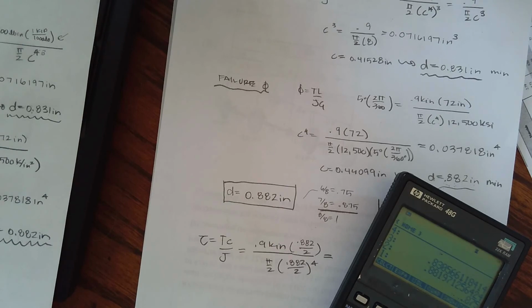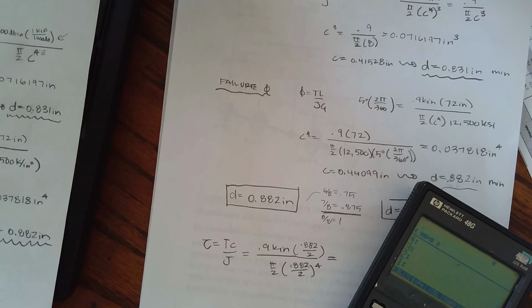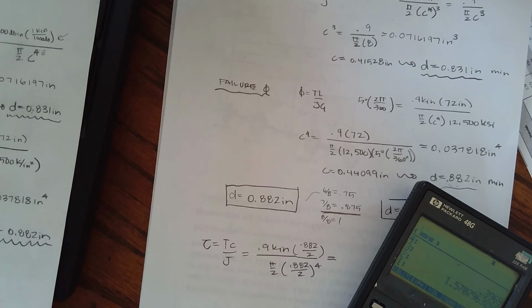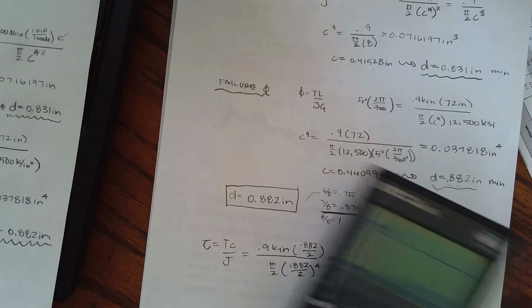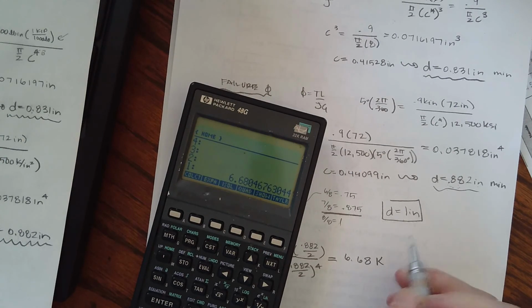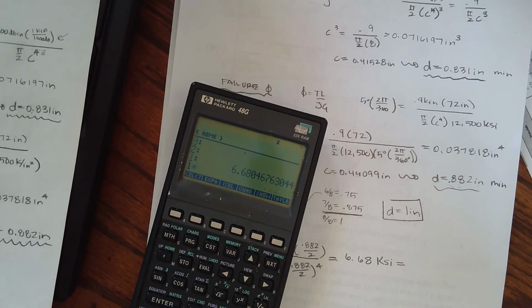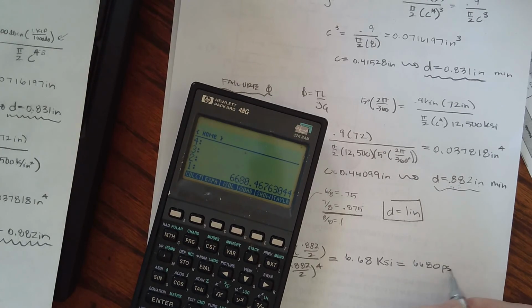And we are going to get 0.9 times 0.882 over 2, divided by pi over 2 times 0.882 over 2 to the fourth, and I get 6.68, and remember that was in kips, so KSI, which equals times 1,000, 6680 PSI.